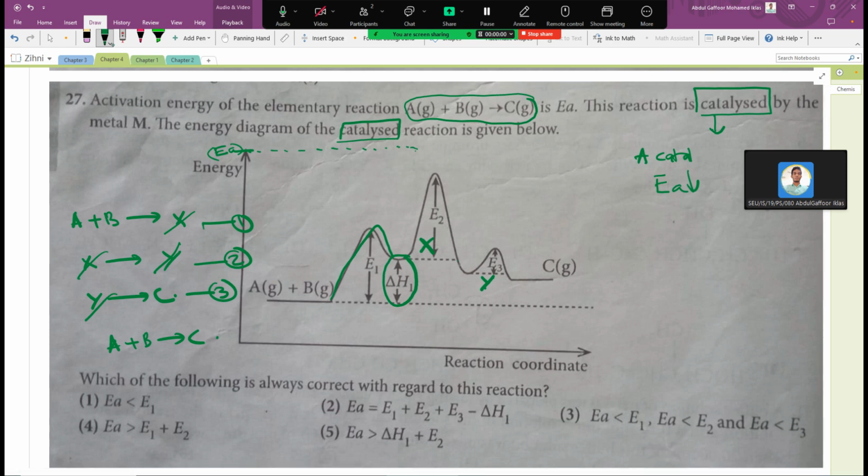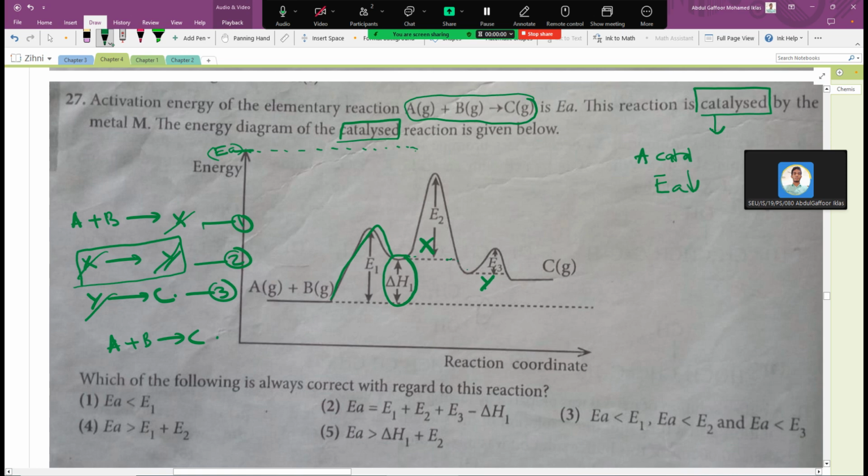Absorbed. Then from X to Y we have E2. For the step 2 reaction from X to Y, what is the activation energy? You see, from this it should come E2, right?